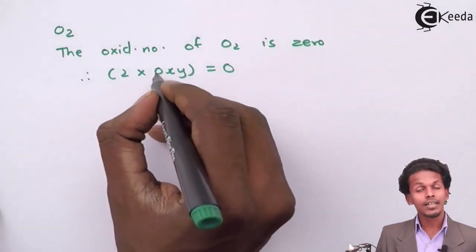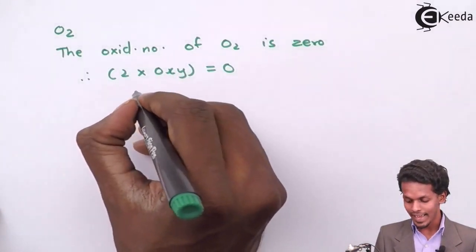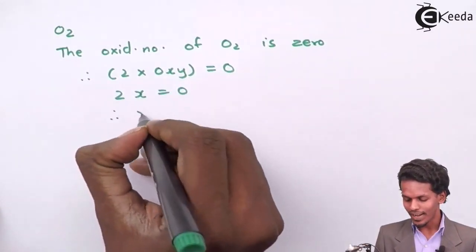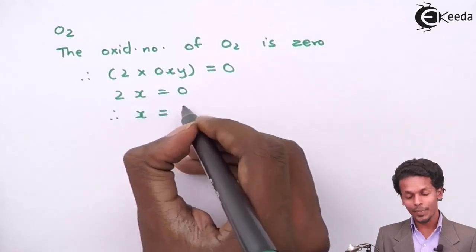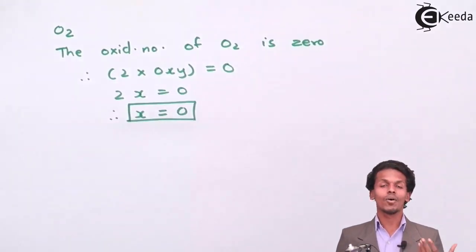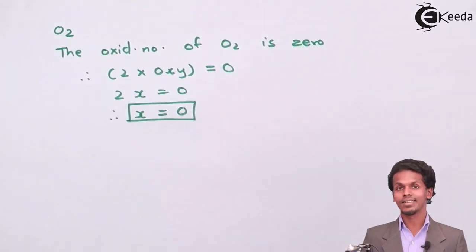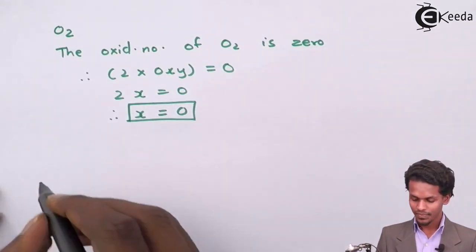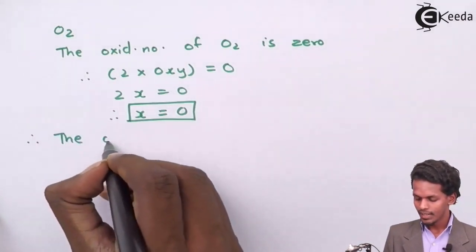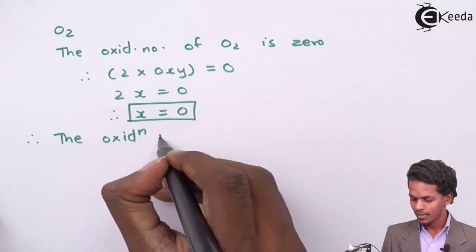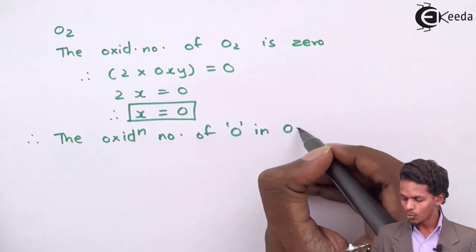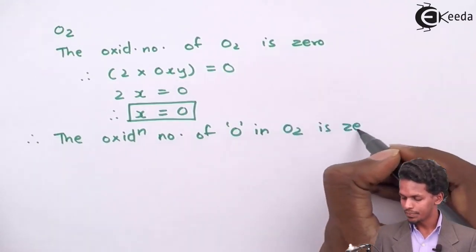If I consider the oxidation state of oxygen as x, then 2x equals 0, therefore x equals 0 divided by 2, that is 0 itself. So the oxidation number of oxygen in O2 is 0.